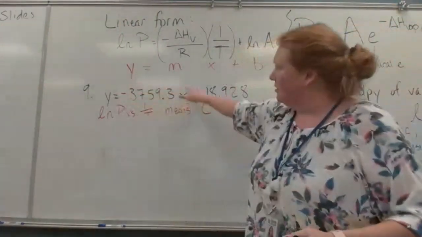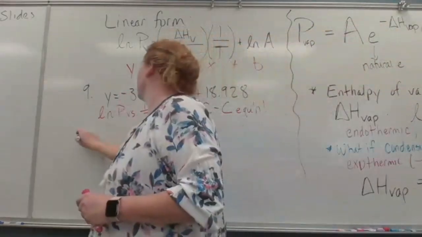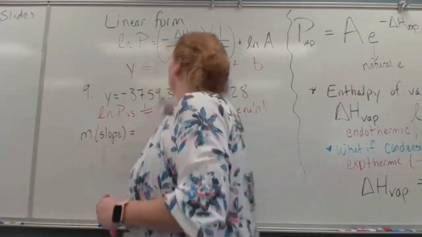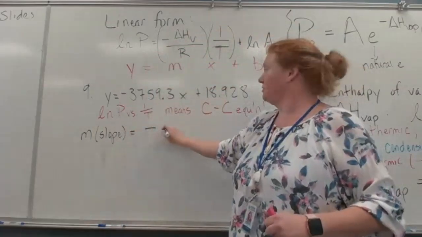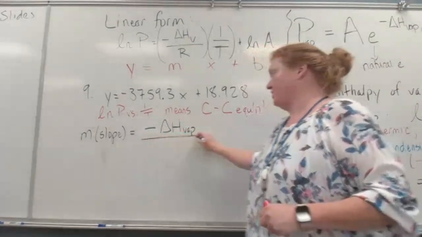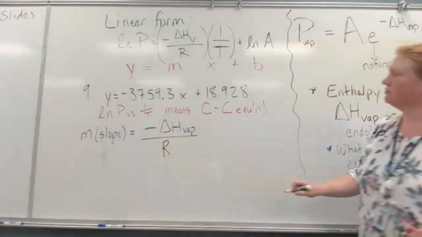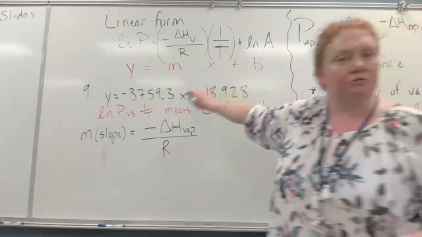What does our slope value represent? What is m equal to? Negative delta H of vaporization divided by R. What is b equal to?